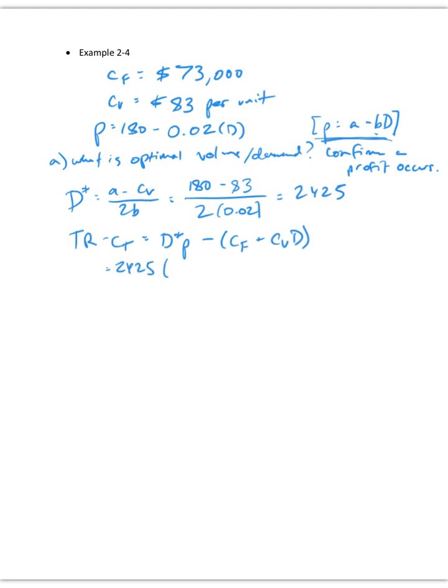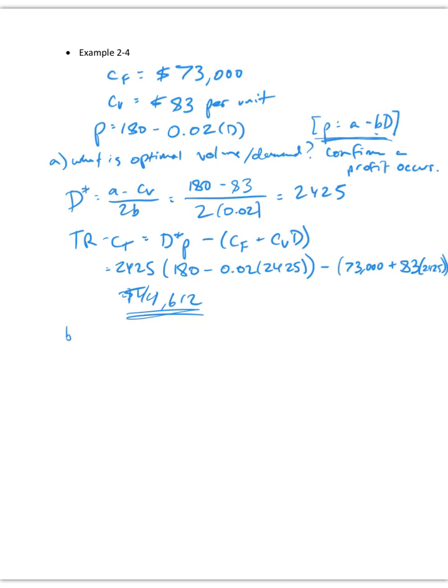The price is A minus BD, so it's 180 minus 0.02 times 2425. Subtract off my costs, which is 73,000 plus $83 per unit times the 2425, and we get $44,612. So a profit does occur because that's positive.